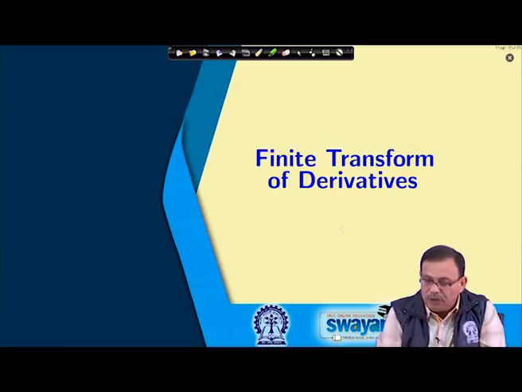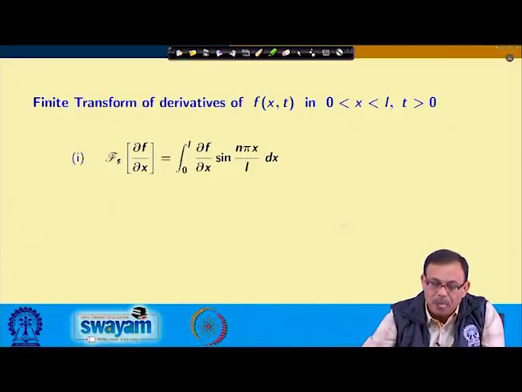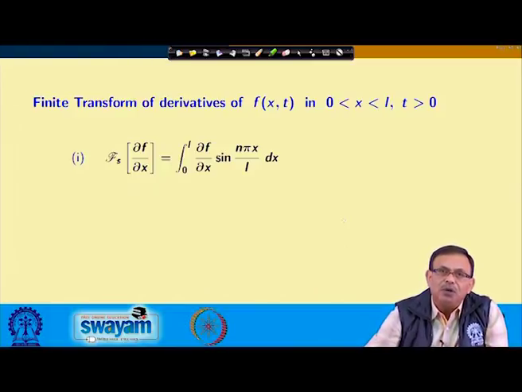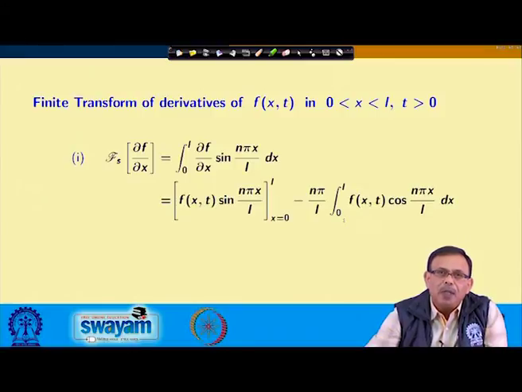So, if I see here, the Fourier sine transform of del f del x equals the integral from 0 to L of del f del x into sin n pi x by L. If I use integration by parts, then I will get two terms.